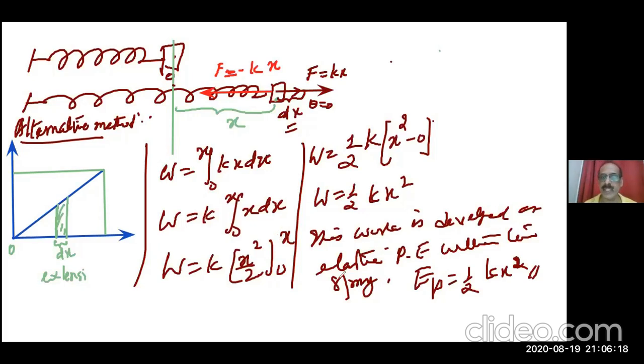Then instead of W we are writing EP, potential energy. This is extension. This is force, applied force. When this is X, this is Kx. This is just F, we are writing F.